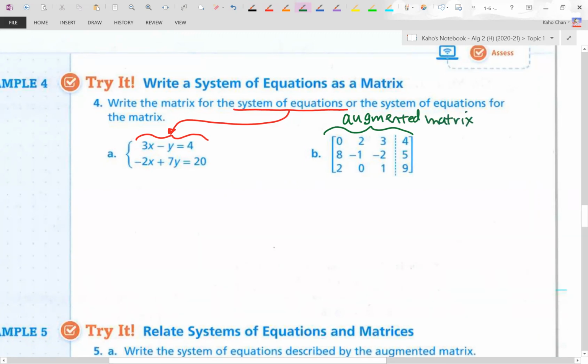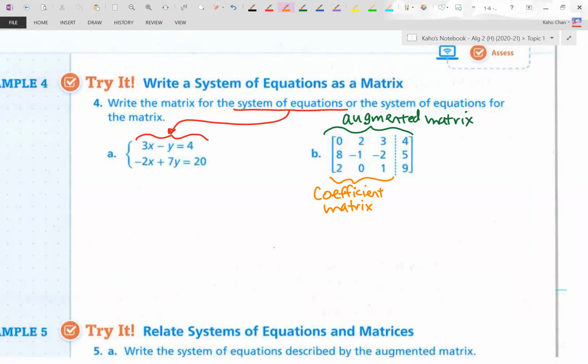The augmented matrix is made of two things. The first half before the vertical line is called the coefficient matrix, because those are the coefficients of each of the variables, x's and y's and z's. And the last one is called the constant matrix. Those are the numbers that don't change.